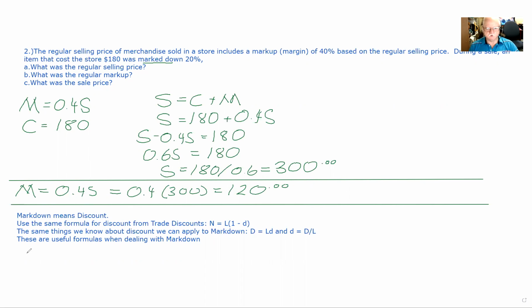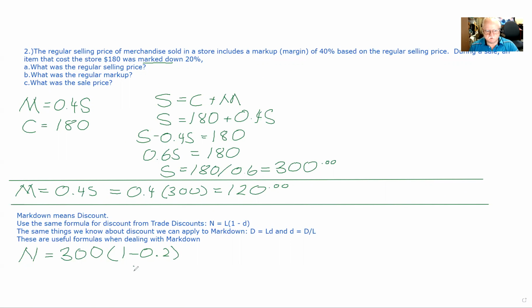So we're going to use the sale price is N, although we're calling it sale price now, it's just the net price. The list price was the 300, and the markdown or the discount was 20%.